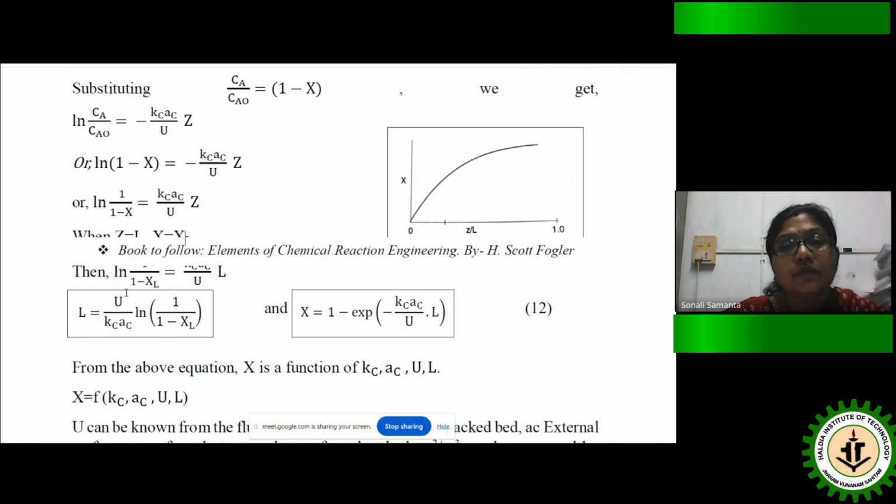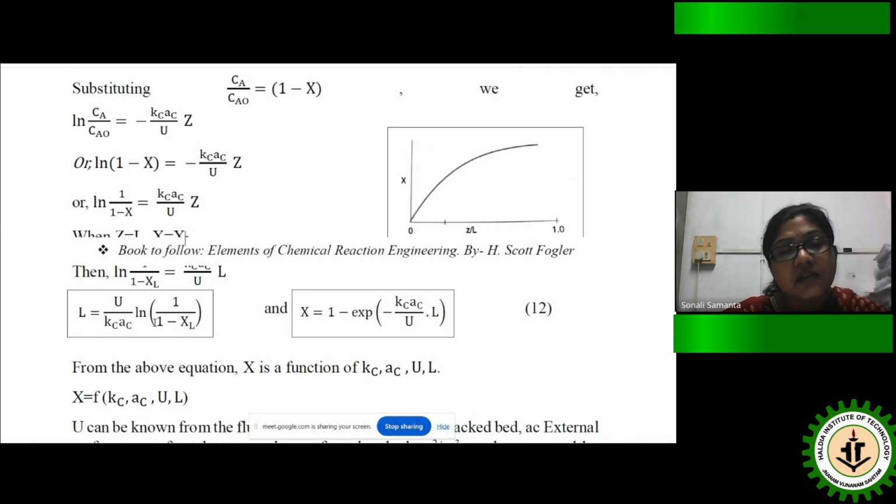From the fluid flow rate, we can easily find out U, and Kc is the mass transfer coefficient. That requires a correlation, so I will come to this correlation later. That Kc needs to be determined.